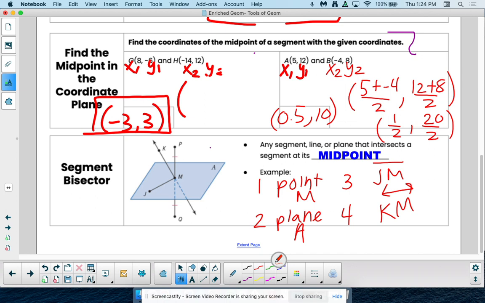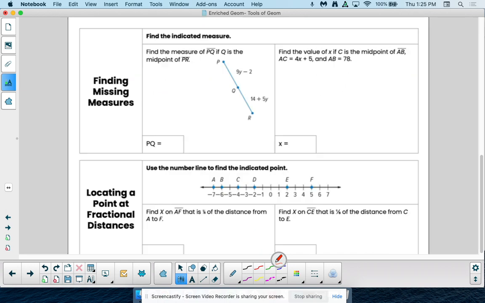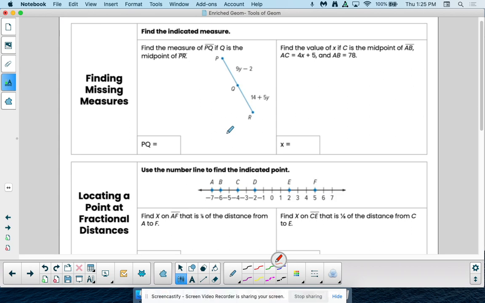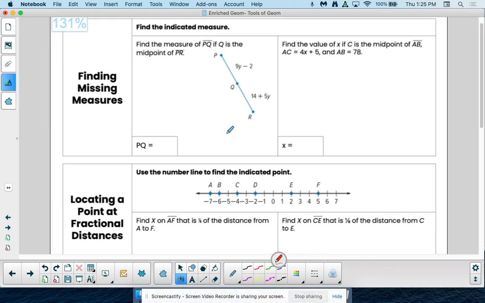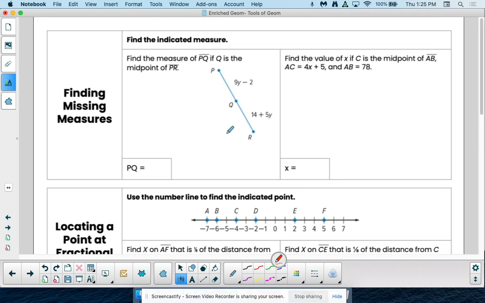Got two more left. A little bit of algebra. So we can use the idea of a midpoint to help us find missing measures, okay? So let's see what the first one has in store for us. It says find the measure of PQ if Q is the midpoint of PR.